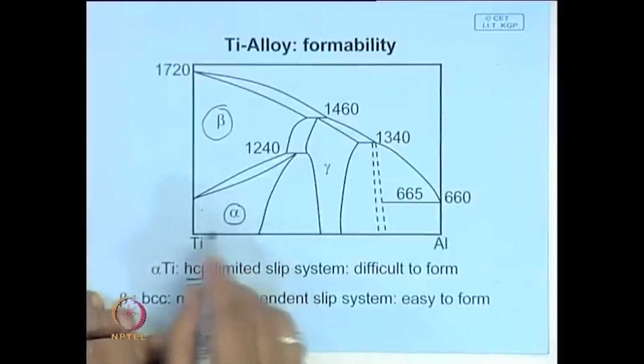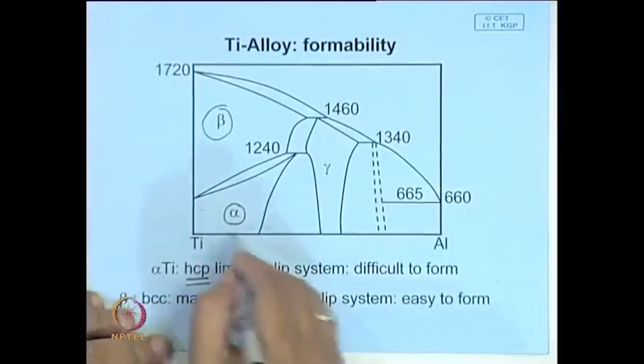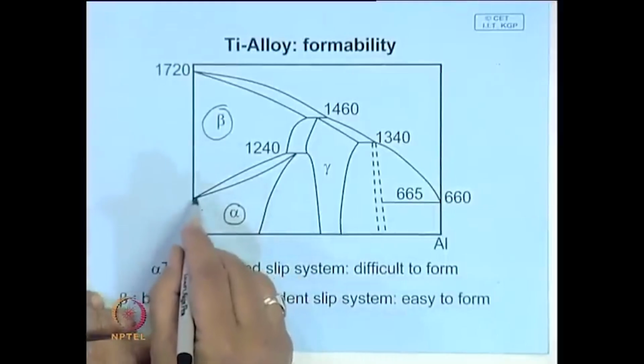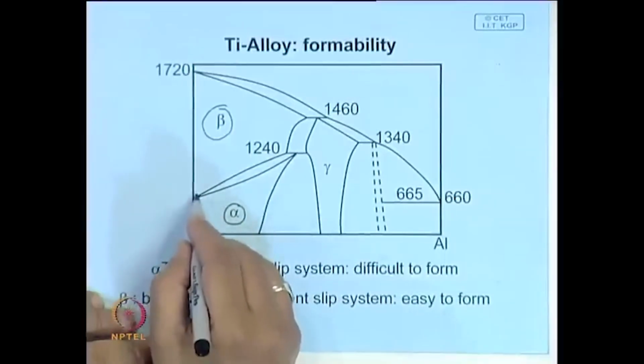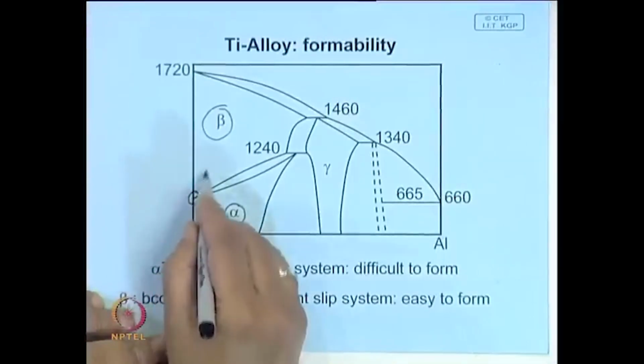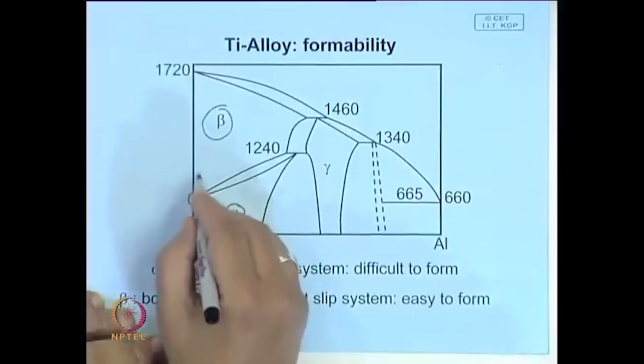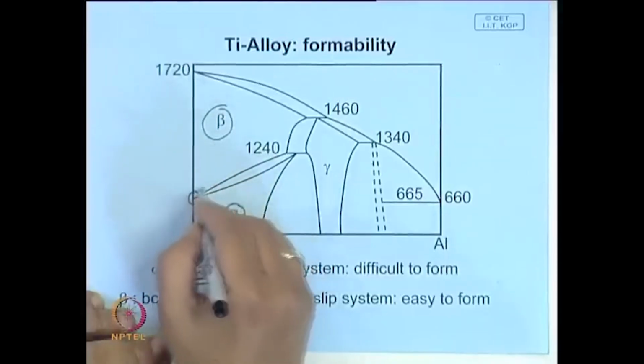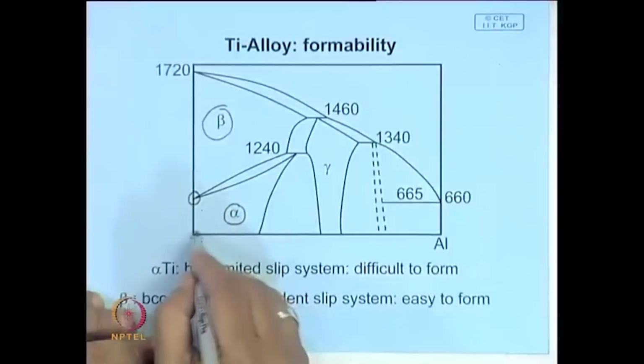And there are different types of alloy additions which can be made to this. We may want to protect the titanium from the environment, because at high temperature it will come in contact with nitrogen and oxygen, and they deteriorate the properties of titanium.